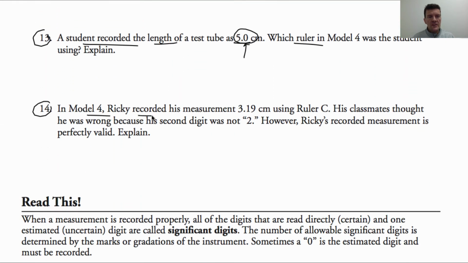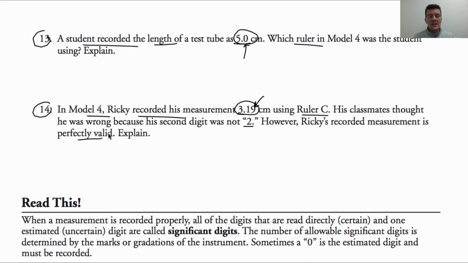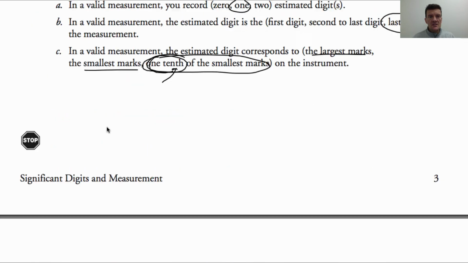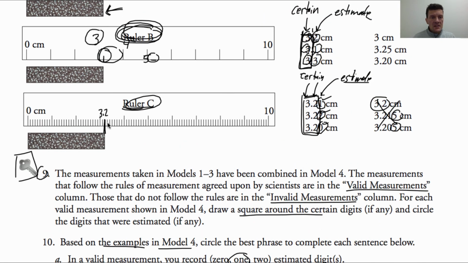In Model 4, Ricky recorded his measurement 3.19 centimeters using ruler C. That makes sense. You can estimate out to the nearest hundredth there. His classmates thought he was wrong because his second digit was not 2. However, Ricky's recorded measurement is perfectly valid. It's perfectly valid because he is saying, well, all of you think it's 3.2 or greater.